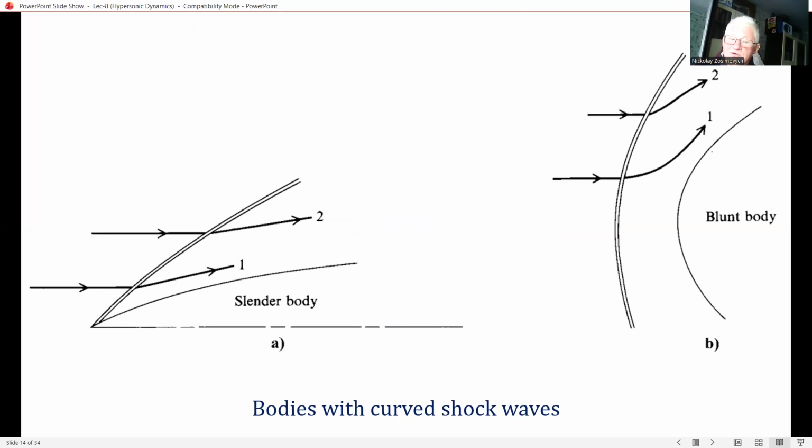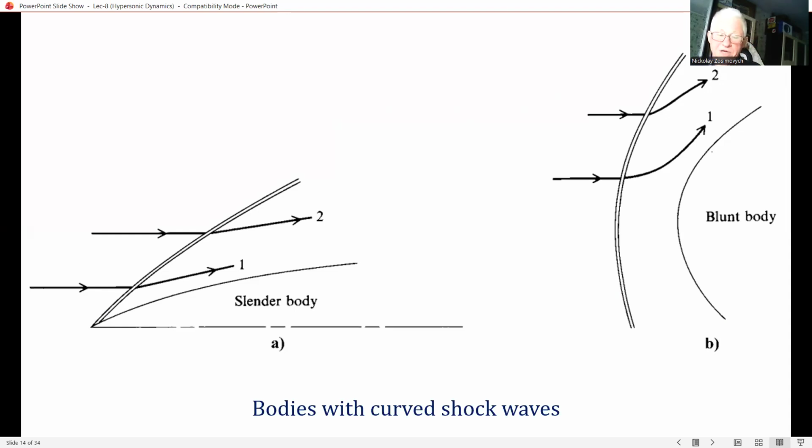primary concern. To understand this better, recall that for a given shaped body, as the supersonic or hypersonic free stream Mach number increases, the strength of the shock wave increases. If the strong shock waves have curvature, as sketched in this slide, for both slender and blunt bodies, then the entropy increase across the shock wave will be different from streamline to streamline.